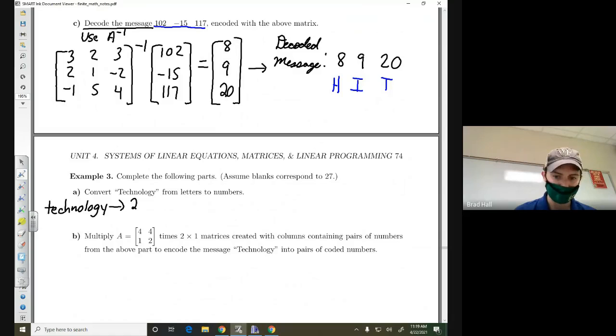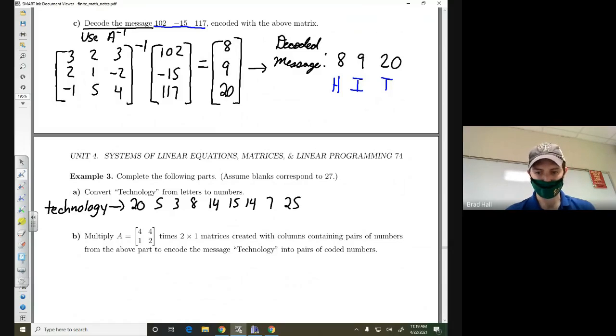T is 20, E is 5, C is 3, H is 8, N is 14, O is 15, and so on. I think I missed one. T, E, C, H, N is 14.